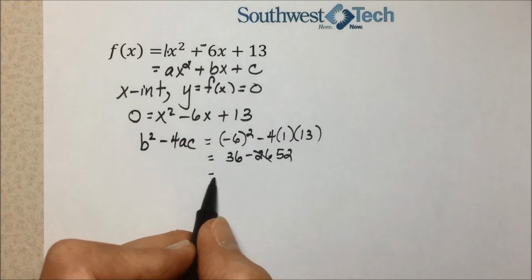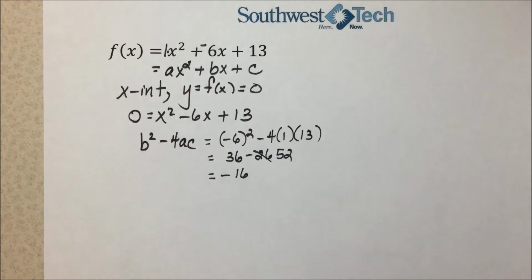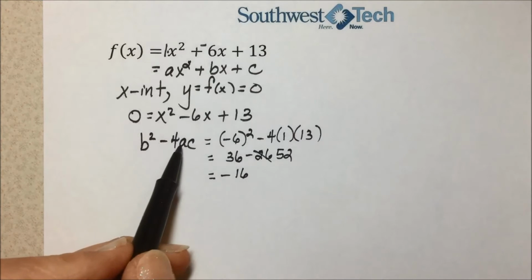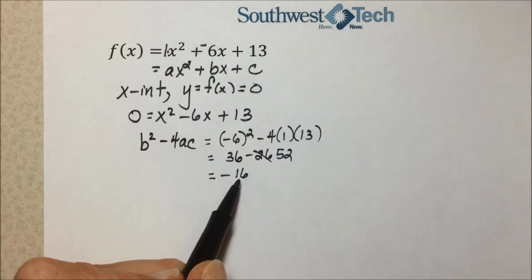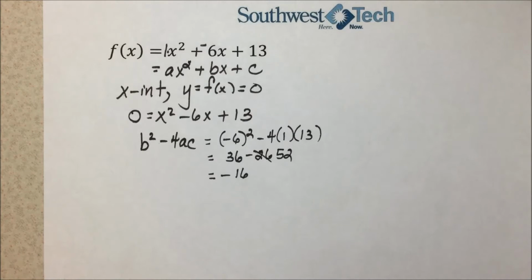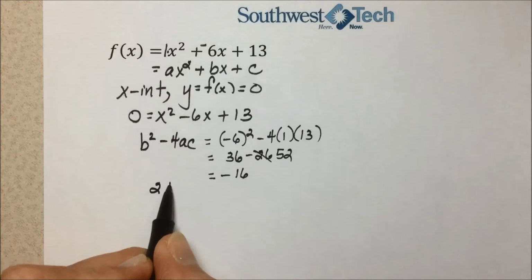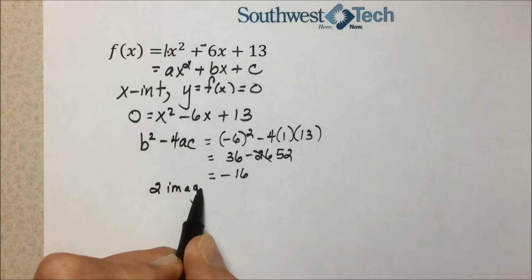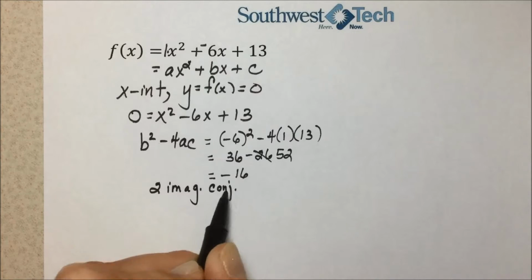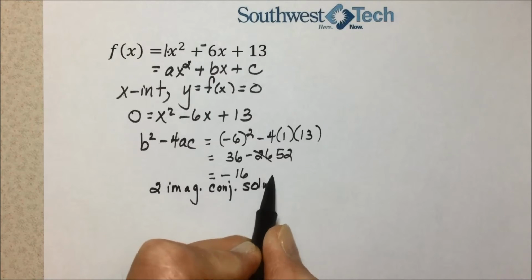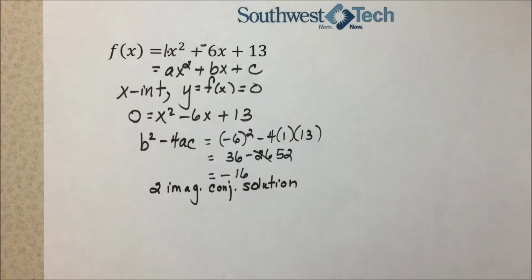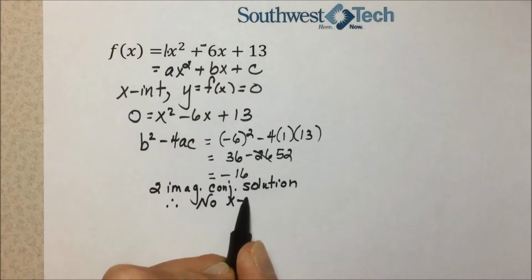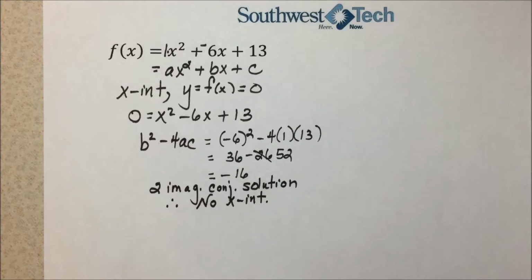Since the discriminant is negative, it means we have two imaginary conjugate roots or solutions, and we are only graphing under the real number system. Therefore, there will be no x-intercept for this graph.